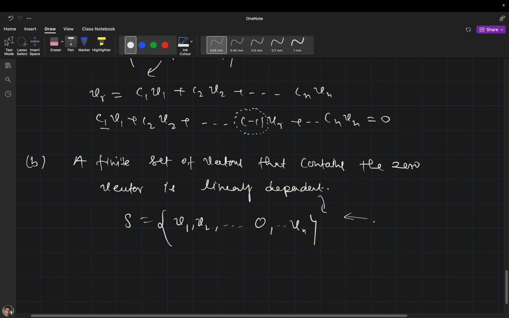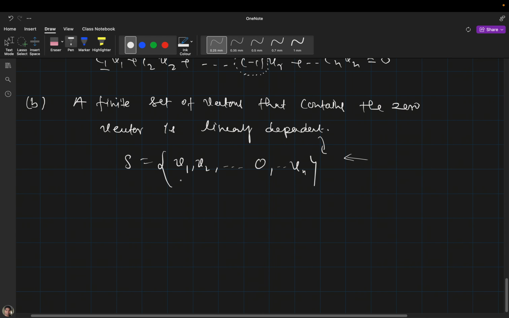Why? Because suppose you want to write the rth vector as a combination like this: c1 v1, c2 v2, dot dot dot, and in between suppose you have the vector 0 and that coefficient is something like k, dot dot dot cn vn.